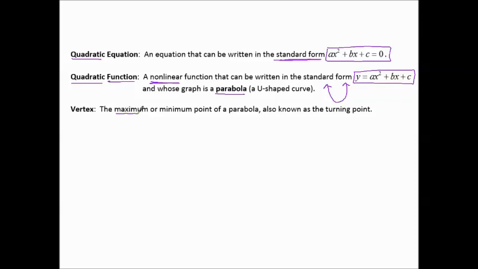Vertex is the maximum or minimum point of a parabola, also known as the turning point. So on my parabola, my vertex is the turning point. I can also have parabolas that face down, and my vertex would be that turning point.